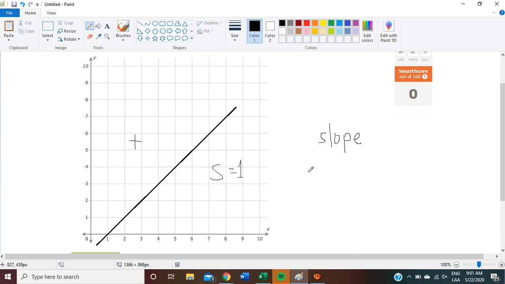Remember, slope is like how hard or how easy it is to climb a mountain, but sometimes slopes are going to be negative. When are slopes negative? When you come from the mountain, when you are going down from the mountain.